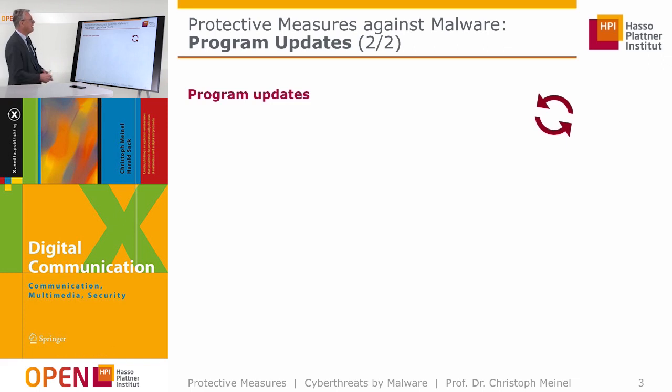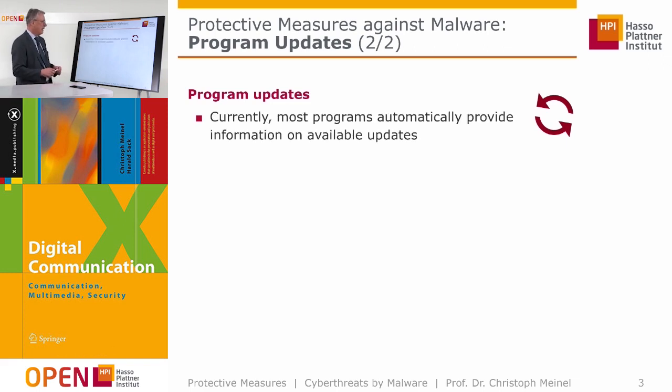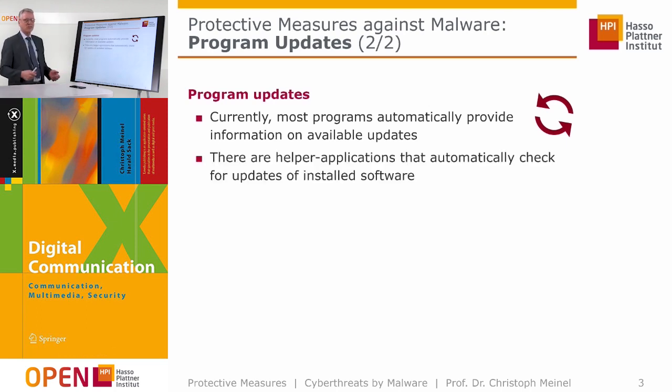In recent times, most programs automatically provide information on available updates, because it's really a serious thing. So if your system shows that an update needs to be done, please do this update as soon as possible.